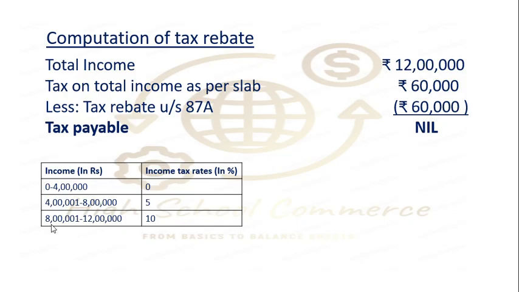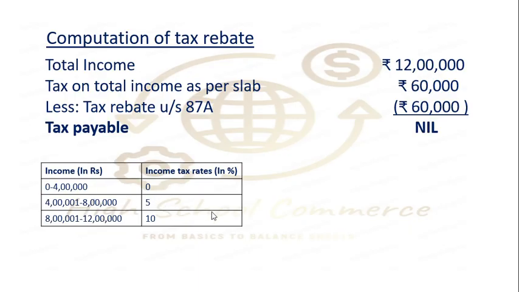And the last slab is 8 lakhs to 12 lakhs. To avail the rebate under section 87A, this 4 lakhs will be taxable at the rate of 10%. So 10% of 4 lakhs equals 40,000, plus the 20,000 of the second slab and 0 on the first slab.